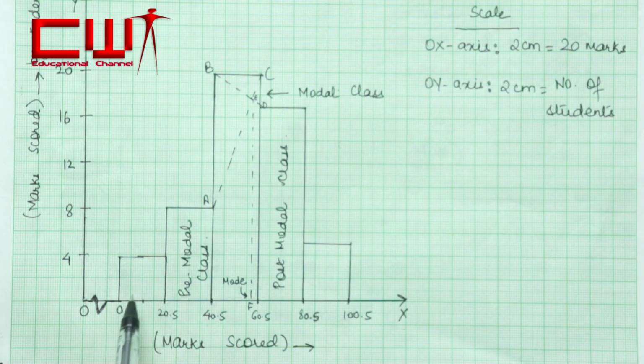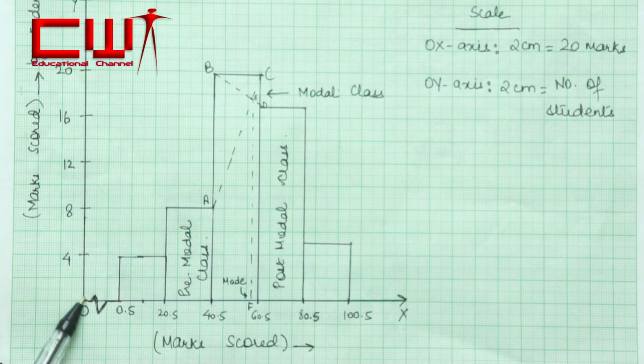From 0.5 to 20.5 is 20, 20.5 to 40.5 is also 20, to 60.5 is 20, then to 80.5 and 100.5, all the difference is 20, but from 0 to the next level it is not 20. So you will make a crink mark.